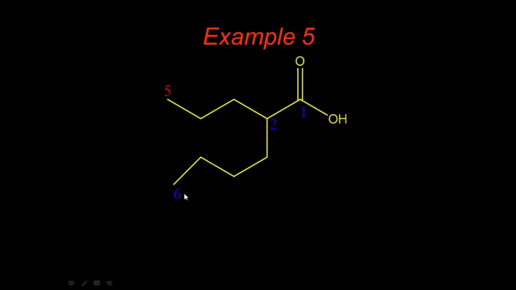Both chains contain the carboxyl group, but the second one is longer than the first one by one carbon atom, so it is our main chain, and the name of this chain is hex. There is no pi bond in this chain, so it is a saturated carboxylic acid: suffix an plus oic and the word acid.